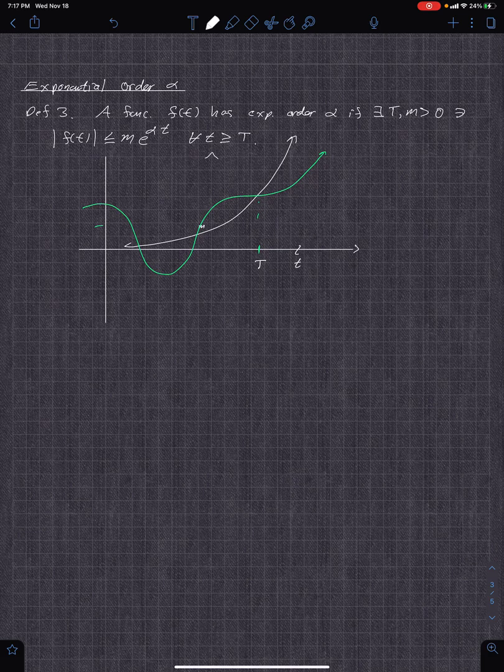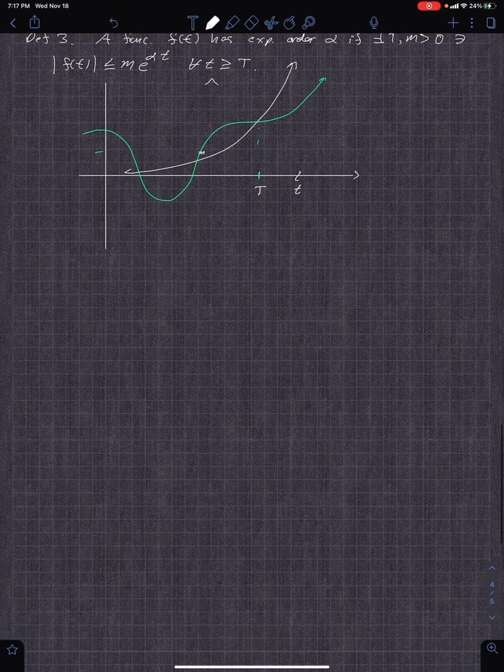Okay. So given that, I have an example. Let's suppose we have f of t equal to e to the 4t cosine 3t. So f of t is exponential order 4. Alpha is equal to 4, because that's your 4 there.